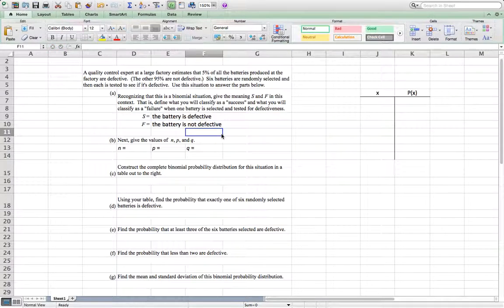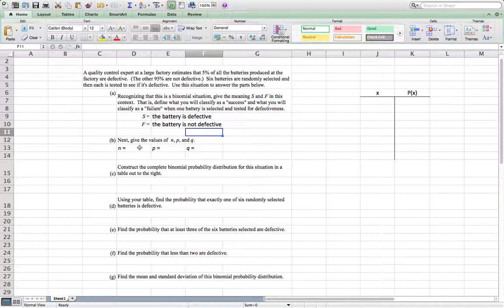Then why do we use battery is defective as success? Because we're interested in how many batteries are defective, because we select a battery to test for defectiveness. So if the battery is defective, we have a success.